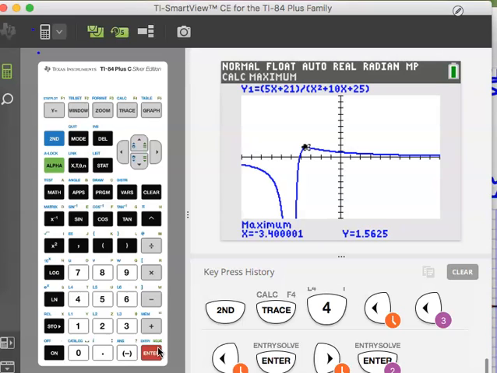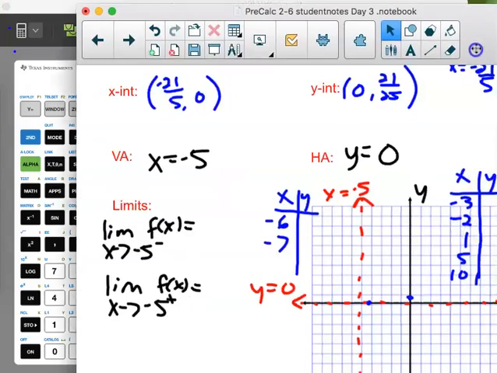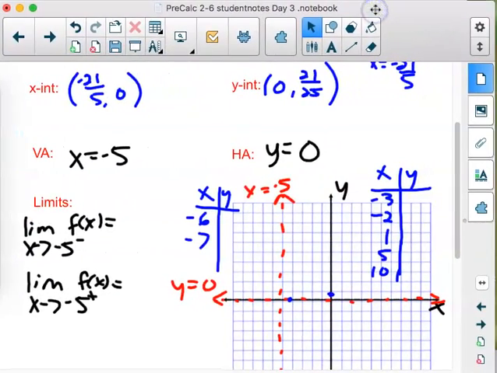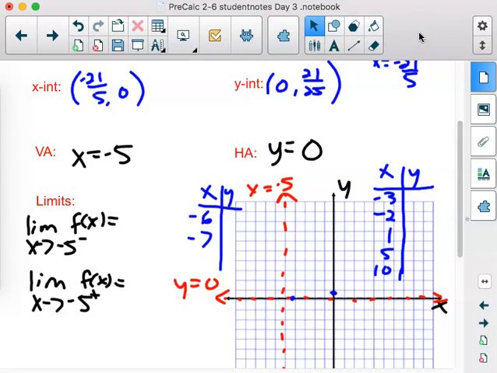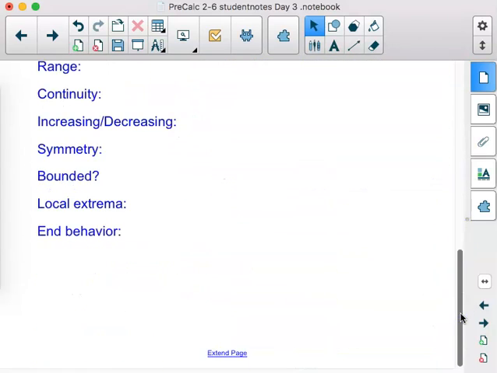So we have a local max of 1.563 at x equals 3.400. I'm going to write that down way down here at local extrema.